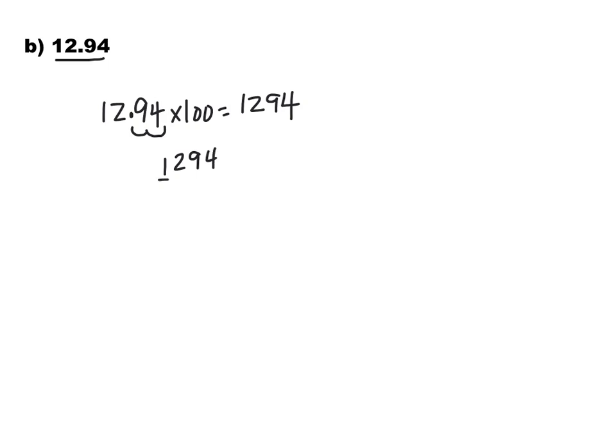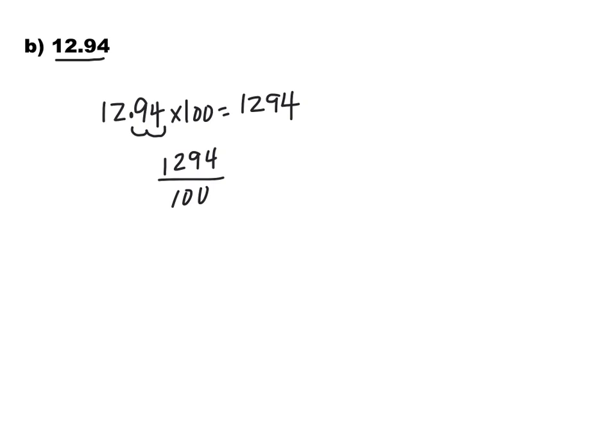The next example is 12.94. So this is the decimal form. To change it to a fraction form, I multiply this by 100, moving the decimal 2 places to the right, I get 1294. So the fraction form is 1294 over 100. This is a fraction form.